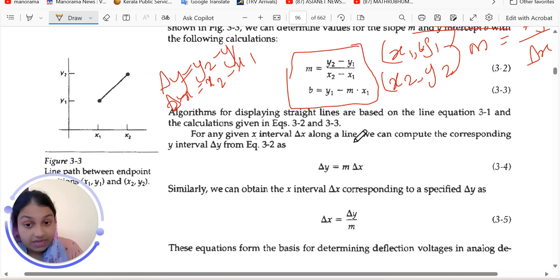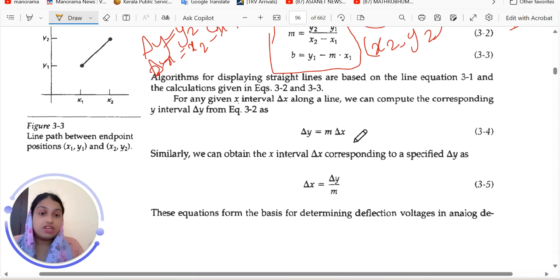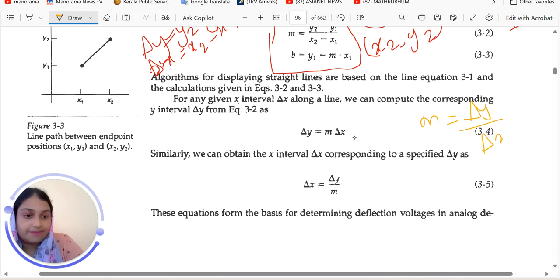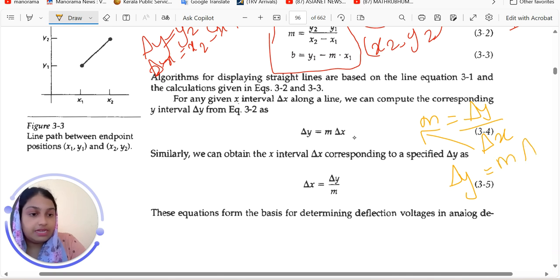Now for any given x interval delta x along a line, we can compute the corresponding y interval delta y. So if delta x is given, then we can find delta y. Rearranging m equal to delta y by delta x so that we get delta y, delta x will go to the other side, so delta y is equal to m delta x. That is how you get this equation.